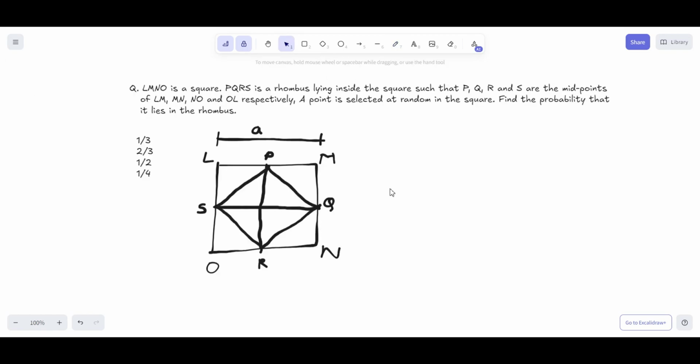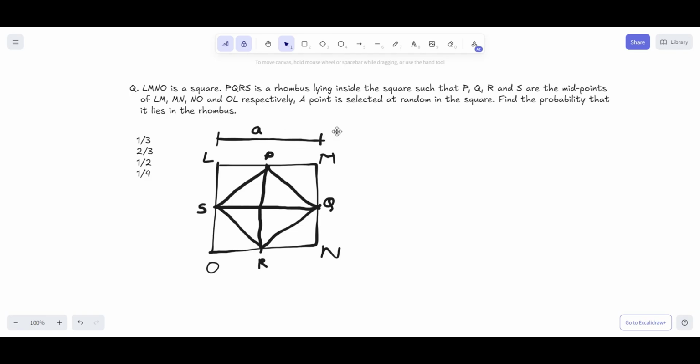So this is the next question. For better understanding, I have already drawn the figure. LMNO is a square, PQRS is a rhombus lying inside the square such that P, Q, R, S are the midpoints of LM, MN, NO and OL respectively. A point is selected at random in the square. Find the probability that it lies in the rhombus.